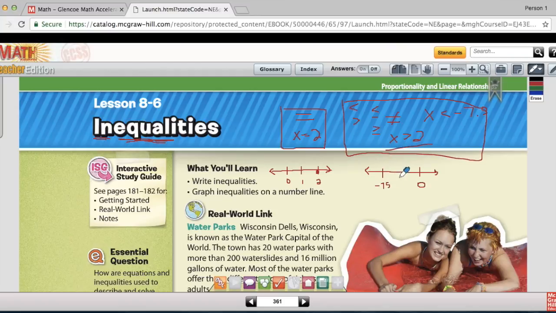Okay, well, x is less than negative 7.5 means 7.5 is not an answer, which is an open circle, meaning that's not an answer, but every number to the left is an answer. So we're going to draw a little arrow, and sometimes teachers want you to go up and to the left like that, showing that all the answers less than negative 7.5 are, in fact, answers.